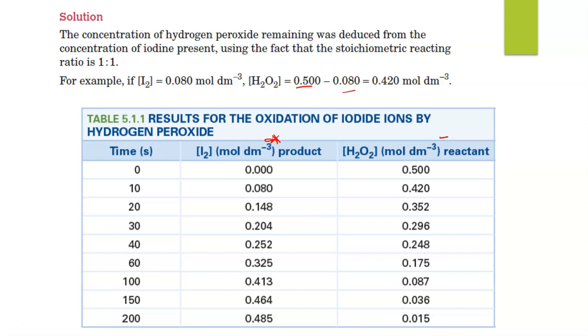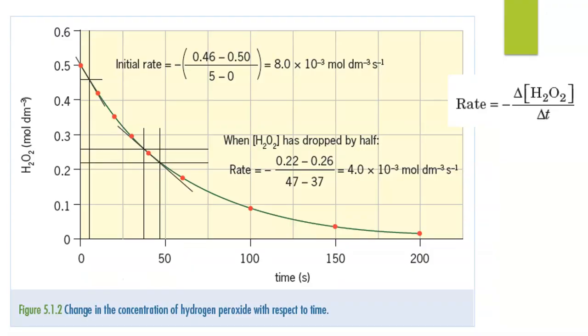Once we have that data, we can now generate the graph to be able to interpret it. From this graph, we are seeing the change in concentration of hydrogen peroxide with respect to time. Again, this is a standard rates graph that we should be used to seeing from SL. And we can determine the rate in terms of moles per decimeter cubed per second by using the graph and calculating the tangent to the curve at a particular point in time.